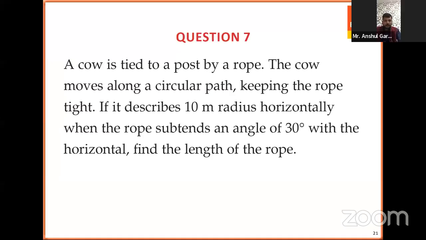Trisha is getting 10 by √3. Okay. Any other answer? Vishal 3. I hope the question is clear. A rope is tied to a big post and the cow is moving around like this. 10 by √3 Anashwara. 10 √3 Deepak. 35 centimeter NC.